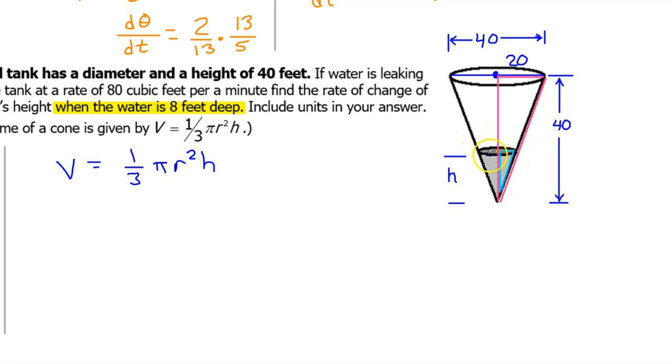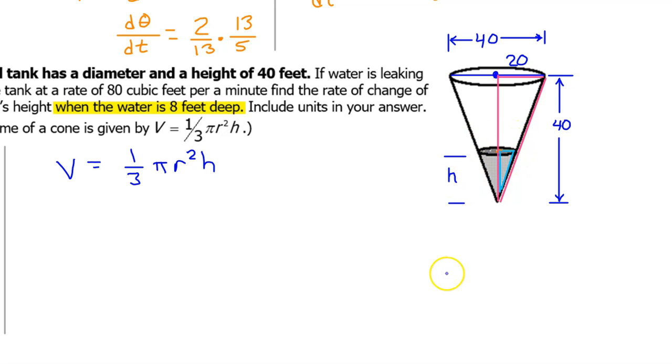So from geometry class, I'm hoping you remember working with similar figures, especially similar triangles. So if you sort of look at half of the cone, we have a big red triangle for the whole container, and then we have this smaller blue triangle from the water cone.